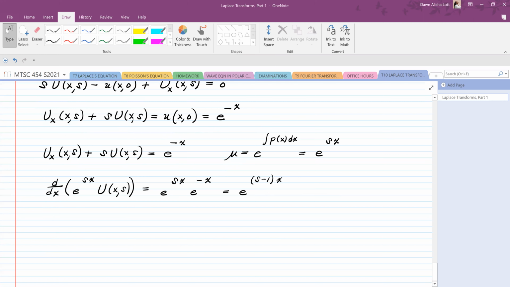Okay. So we integrate both sides and we get e to the sx, capital U of x and s, becomes 1 over s minus 1 e to the s minus 1 times x plus a constant.